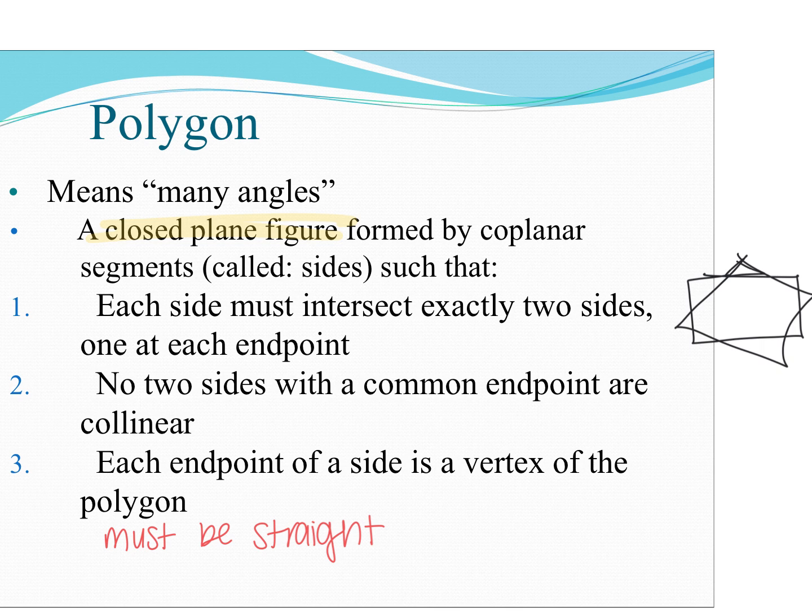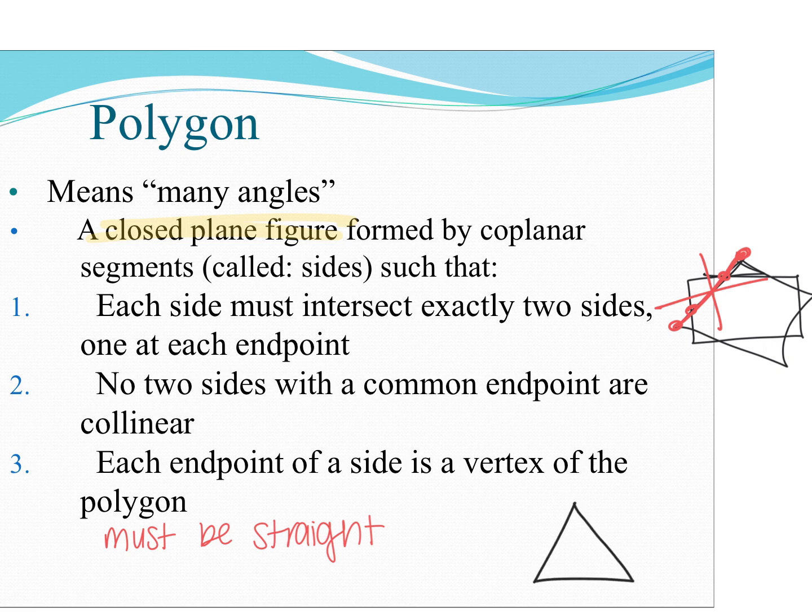Then the next one says, no 2 sides with a common endpoint are collinear. Again, I cannot have a side with multiple points. Absolutely no. And then each endpoint of a side is a vertex of the polygon. What does that mean?